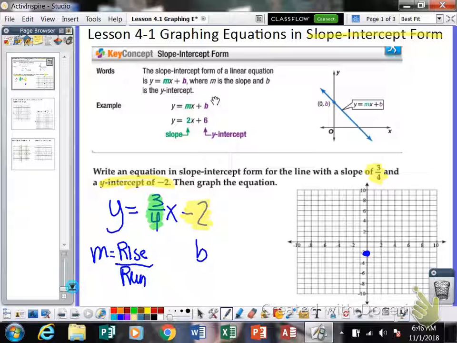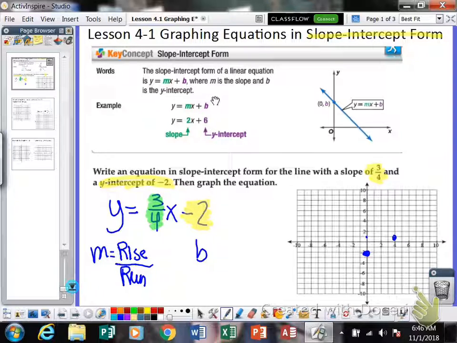Now, I don't put a point. I just want you to see something right now. I went up 1, 2, 3. Now, to finish my point, I need to now run 4 to the right. 1, 2, 3, 4. This is my final destination of my next point.